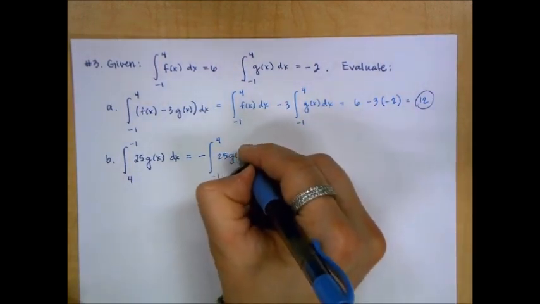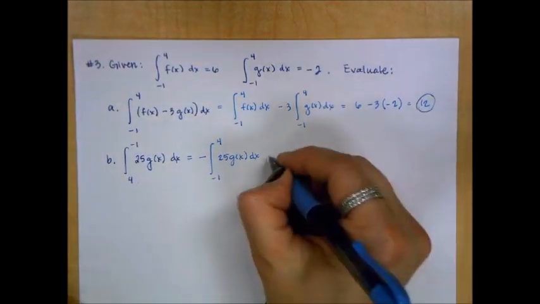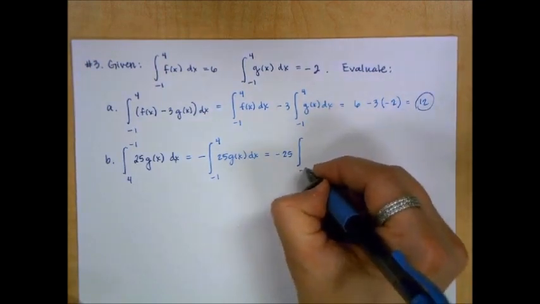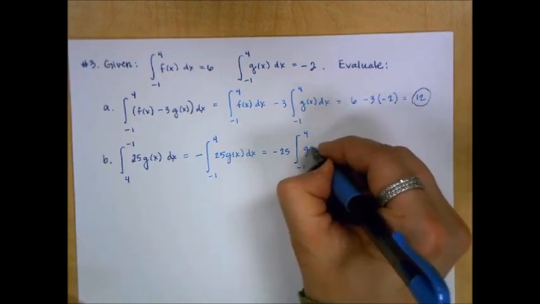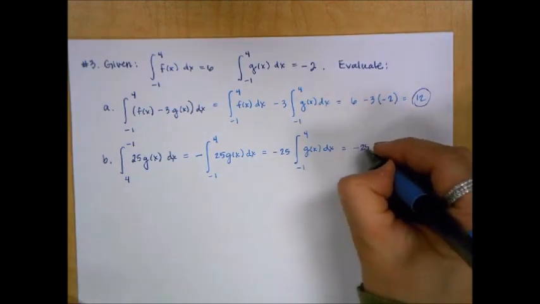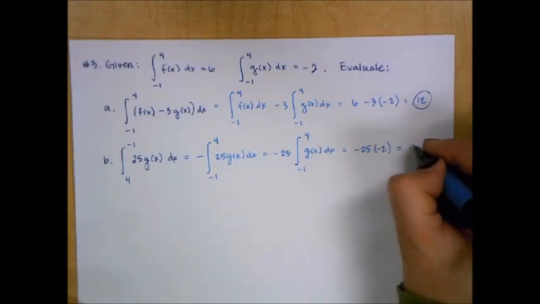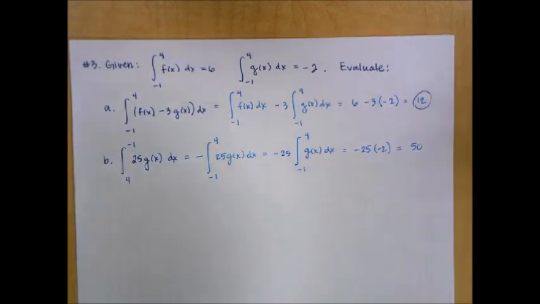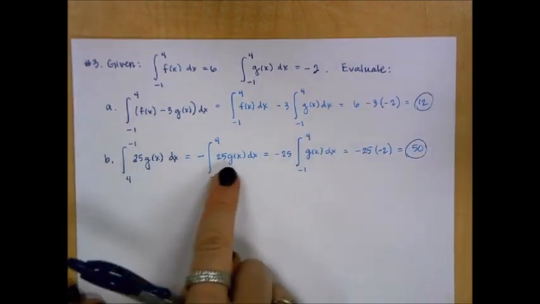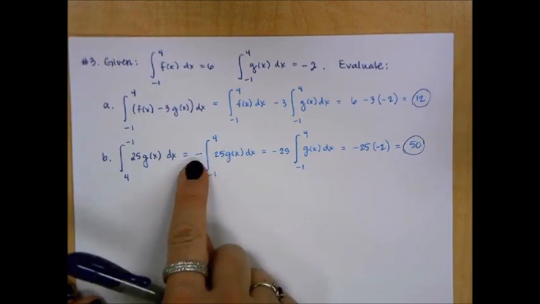Now I want to take out the constant, so this is now -25 times the integral from -1 to 4 of g of x dx. So -25 times -2 for an answer of 50. And yeah, you could pull out the coefficient 25 here with your negative at the same time, so you don't have to do that in a separate step.